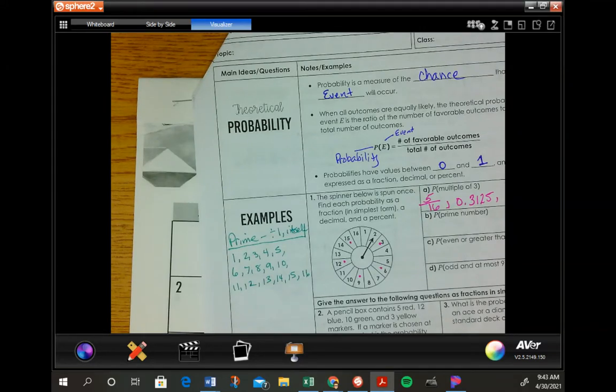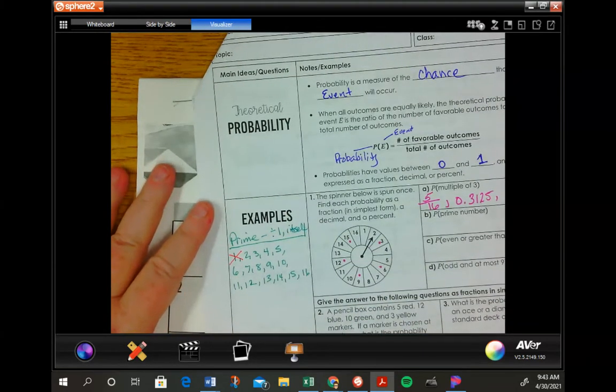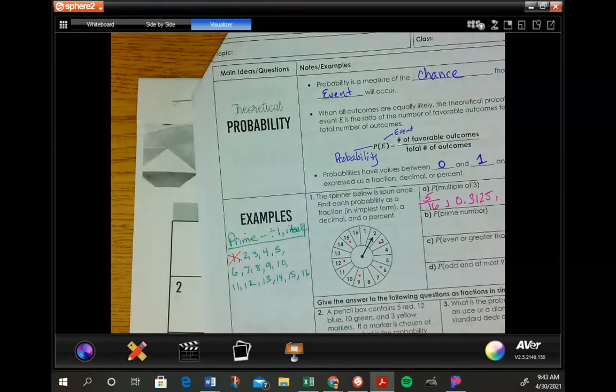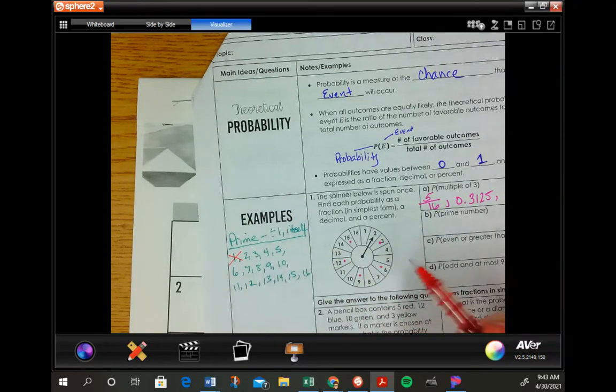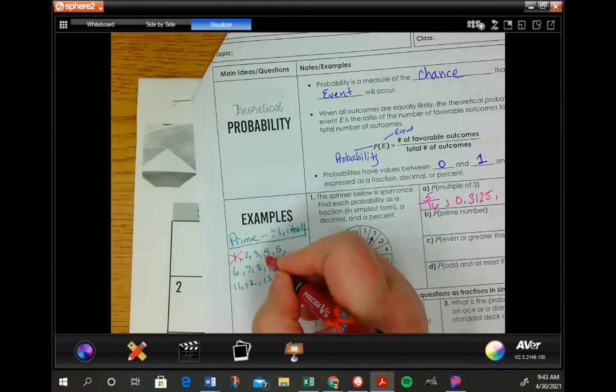Which numbers are prime? 1, by definition, is not prime. Because 1 divided by 1 is 1. It's not divisible by, it is, but it's not. By definition, it's not prime. 2, however, is divided by 1 and 2. It is prime. 3, divisible by 1 and 3. It is prime. 4 is not prime.